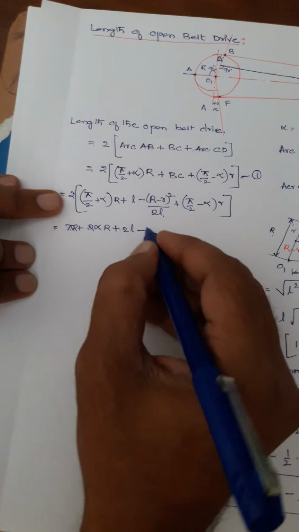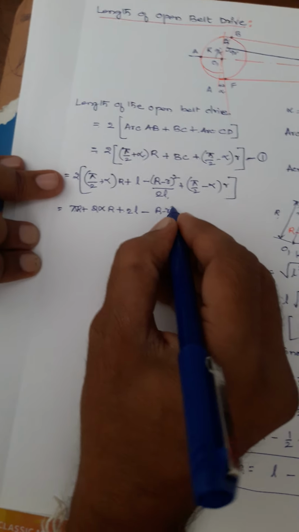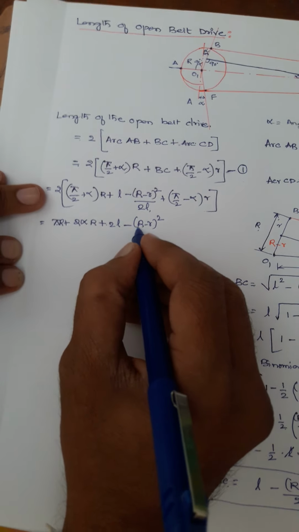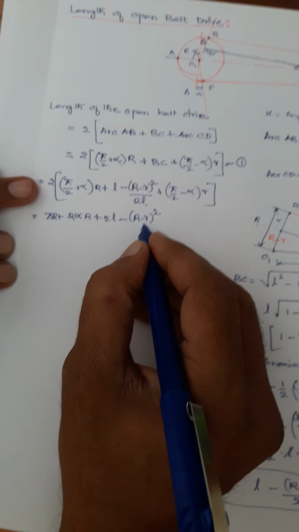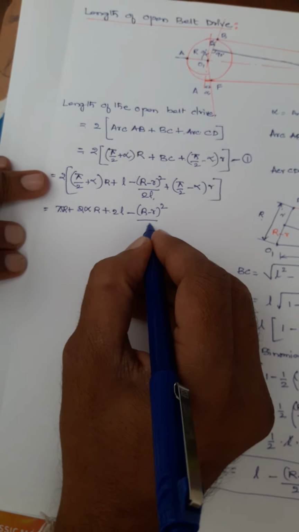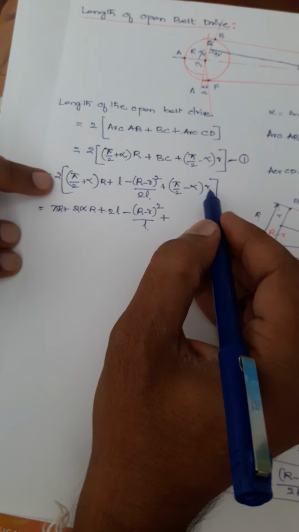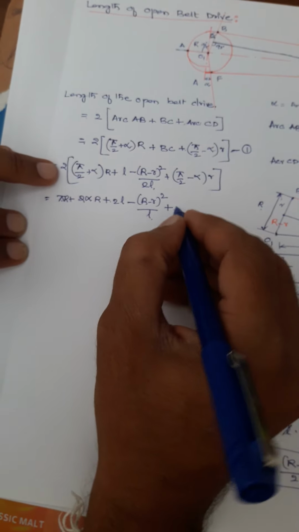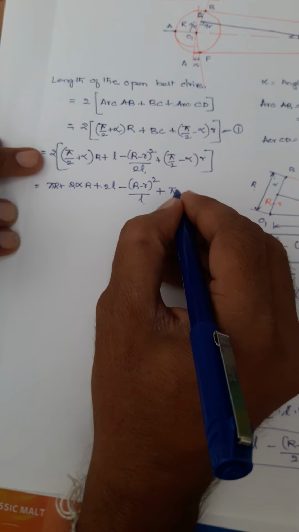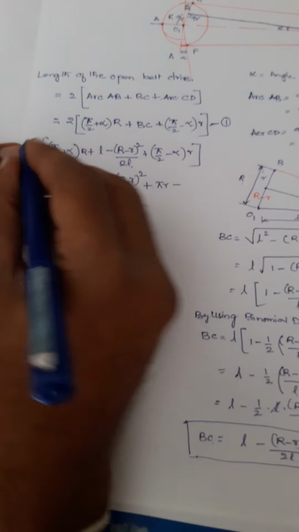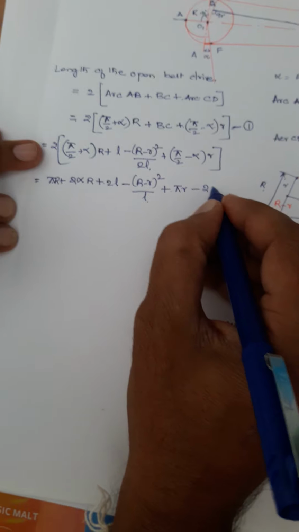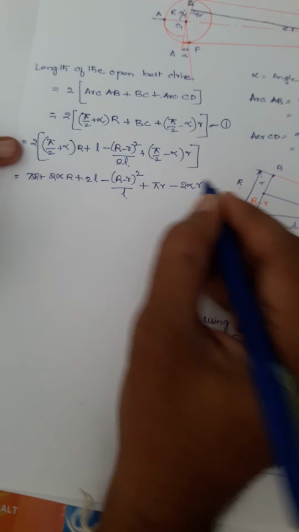This 2 gets cancelled, so this is capital R minus small r whole square by L, plus the same thing, 2 into pi by 2 small r, the 2 gets cancelled, giving pi small r, minus 2 alpha small r.